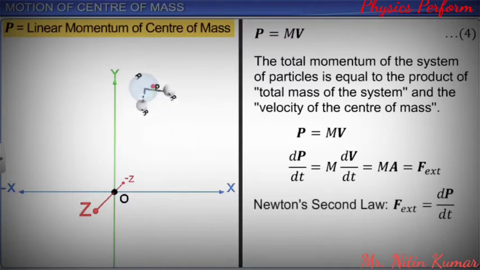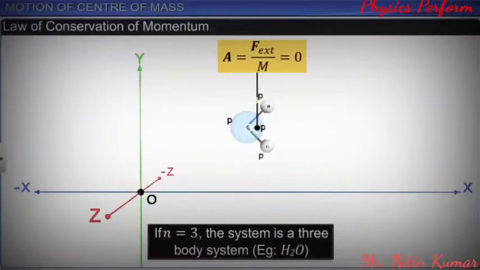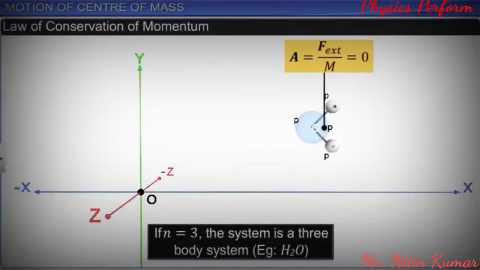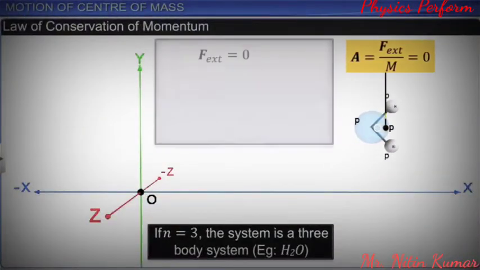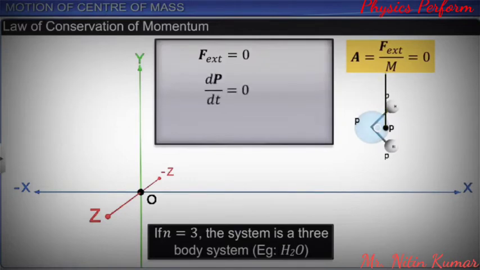This is Newton's second law of motion applicable to the system of particles. If the external force acting on the system of particles is 0, then F external is equal to 0, dp by dt is equal to 0, and P is constant.